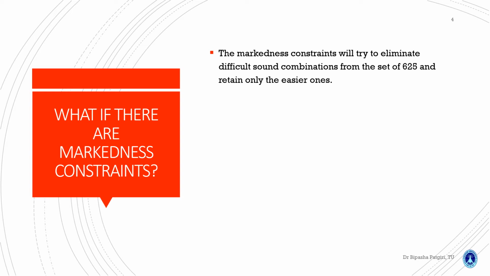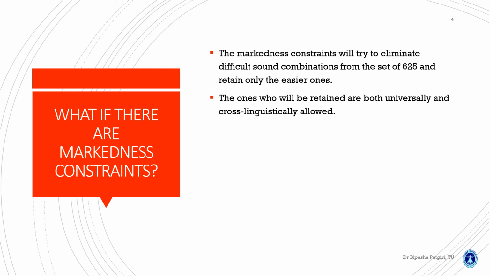So out of the 625 combinations, it will try to remove those which are not well formed. So it will try to remove those which you could not process, or which you felt are not possible to be spoken. The ones that will be retained are both universally and cross-linguistically allowed.